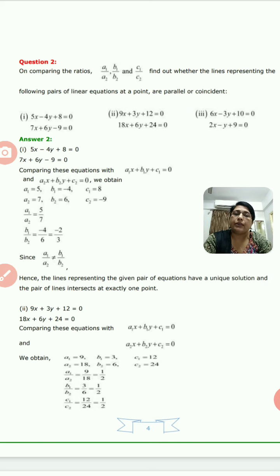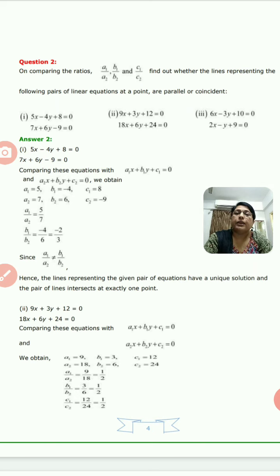Here we are given some pairs of linear equations in two variables, and on comparing the ratios we have to find out whether they are intersecting lines, parallel lines, or coincident. In the first question, you can see I have solved it here.